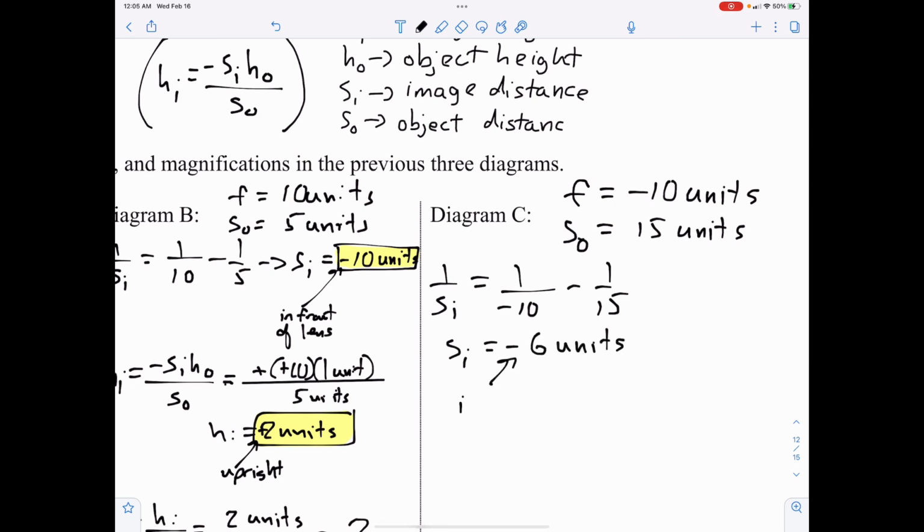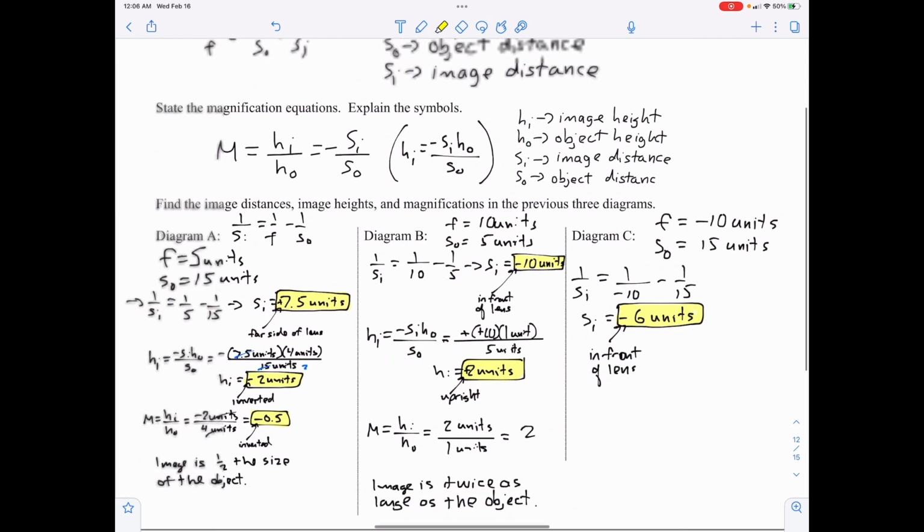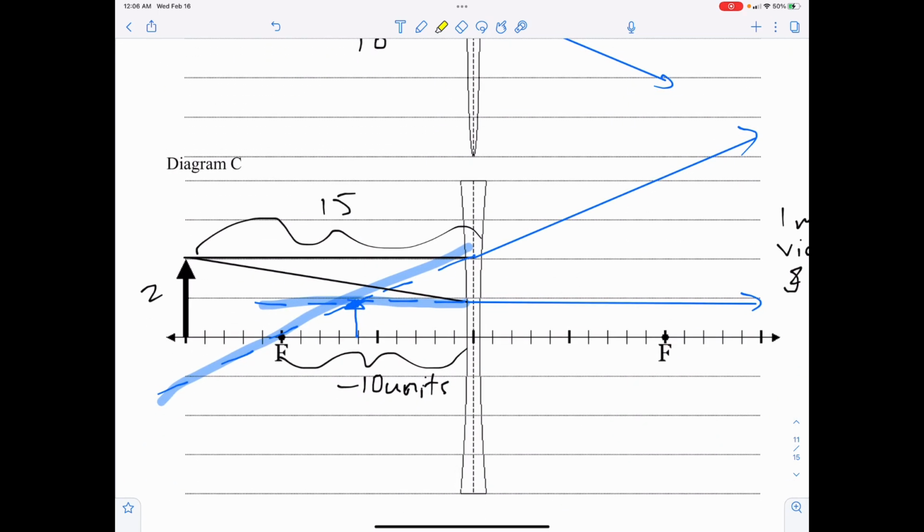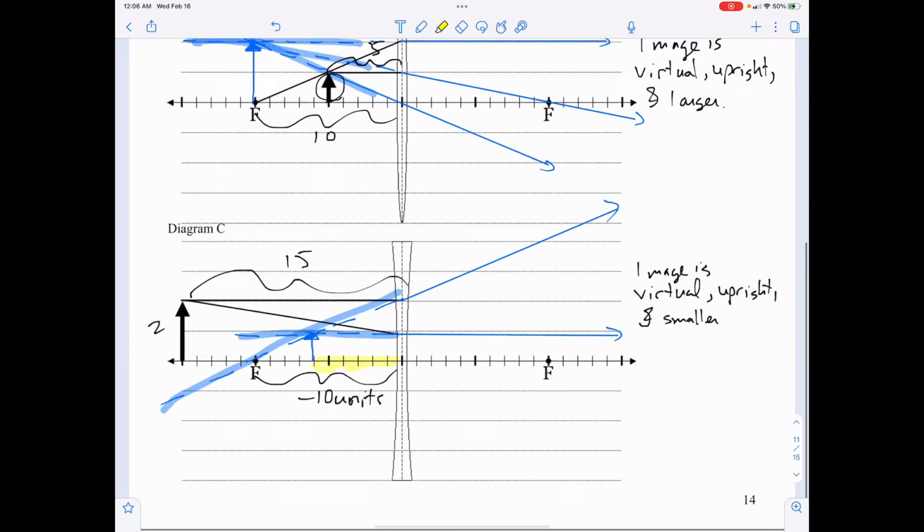Again, negative means it's going to form in front of the lens, 6 units specifically in front of the lens. Okay, there we go. And let's just double check with the diagram. So here, yep, that fits. 6 units away from the lens, or specifically in front of the lens.